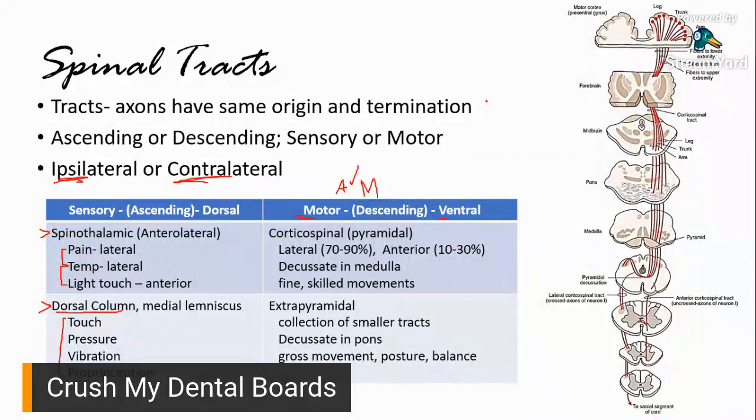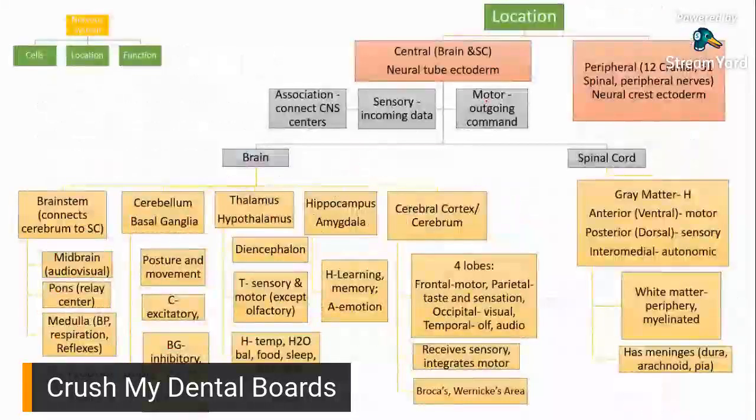Okay, so those are the pictures and all, but this is a diagram of everything that we have discussed so far. Well, as to location. So we said central, brain and spinal cord. I inserted here neural tube ectoderm, meaning that's the origin, histological origin.